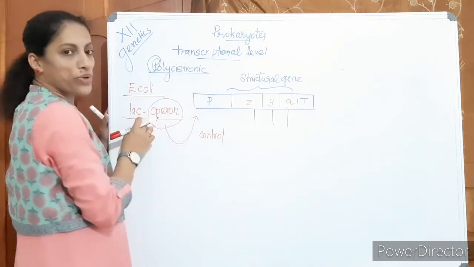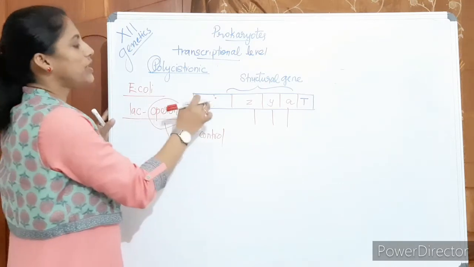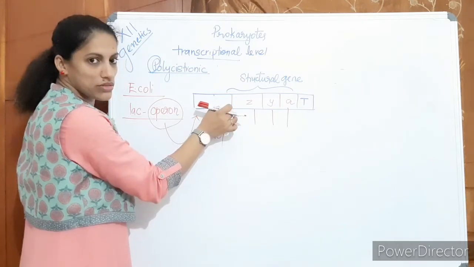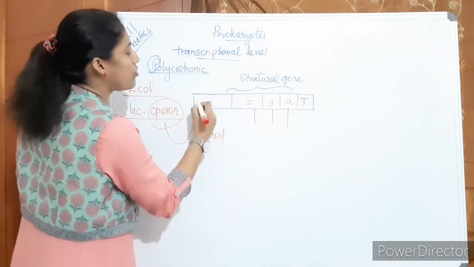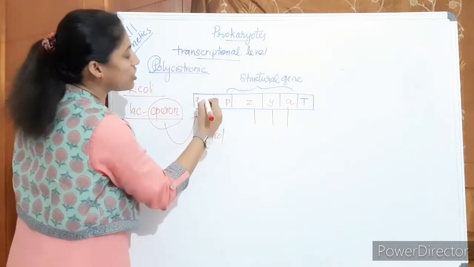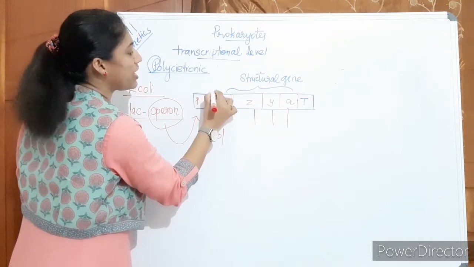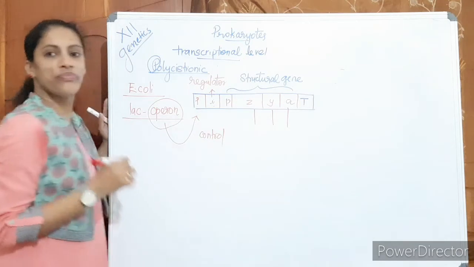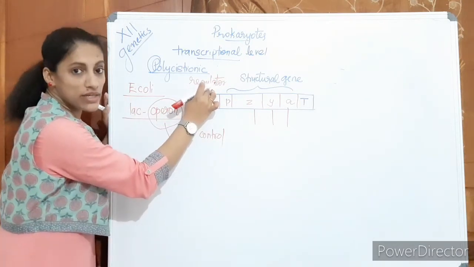In the lac operon, the lactose operon, the example we are going to discuss, the promoter sequences run from here to here. Inside the promoter itself, there is a region called the regulator gene. So one part of the operon is the regulator gene.